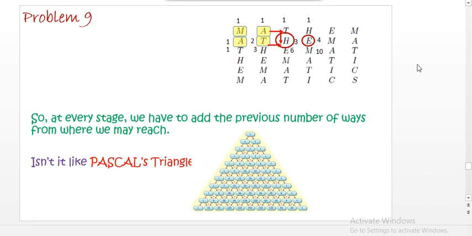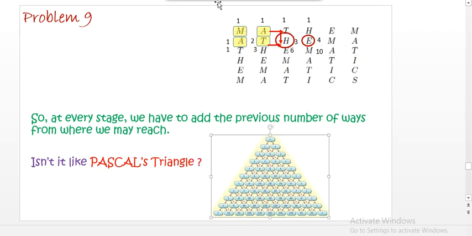So isn't it like Pascal's triangle? In Pascal's triangle, if you remember, we add two numbers to get one number below them. So at any stage we add two numbers to get a number under them.